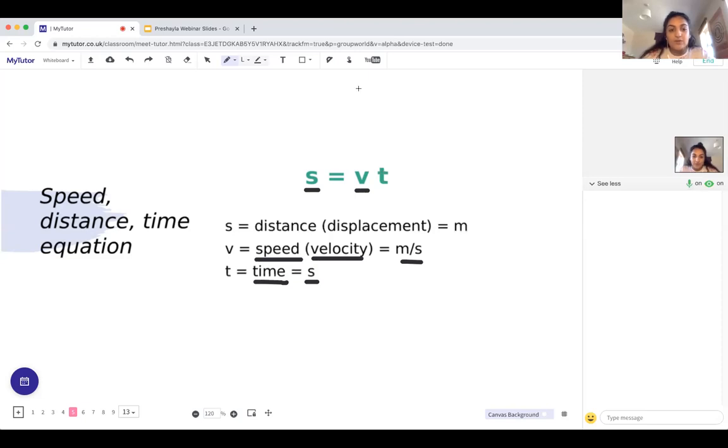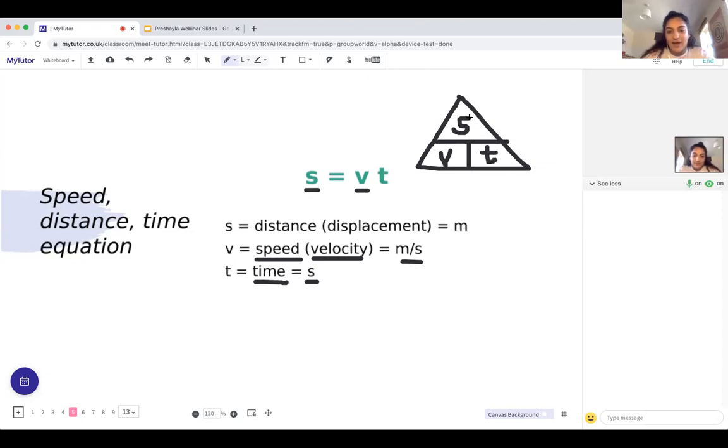Okay, now some of you I know love to put your equations in triangles, which is a really great way of learning equations. So if you wanted it in its triangle form, what we're going to have is S on the top here, and then V here, and T here.